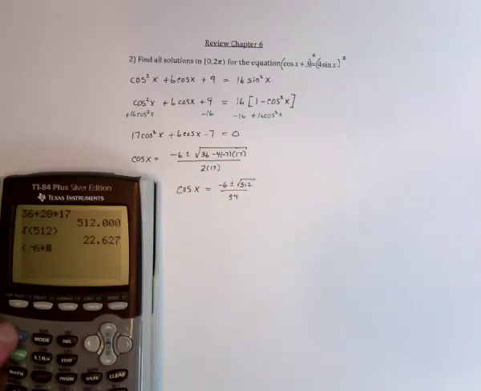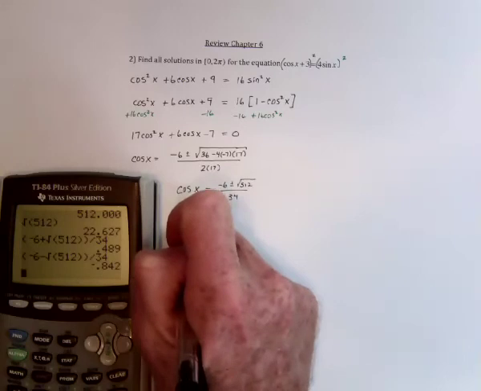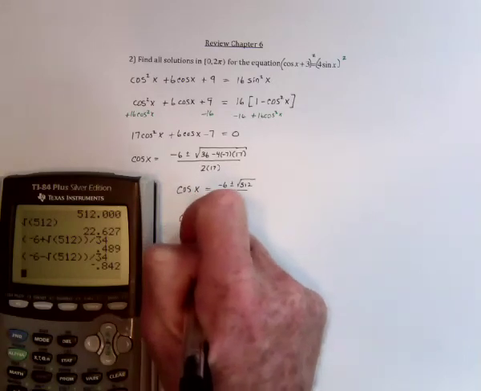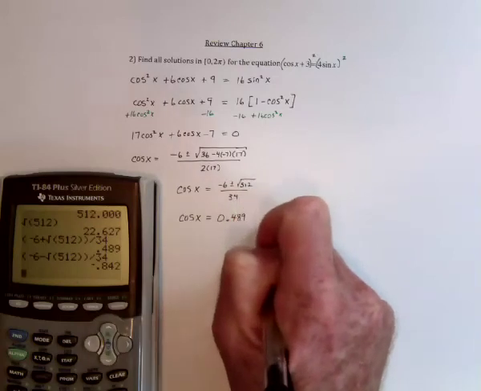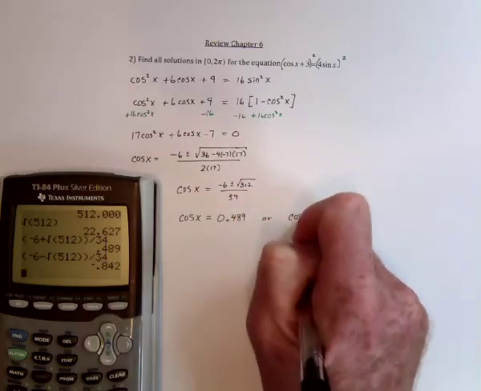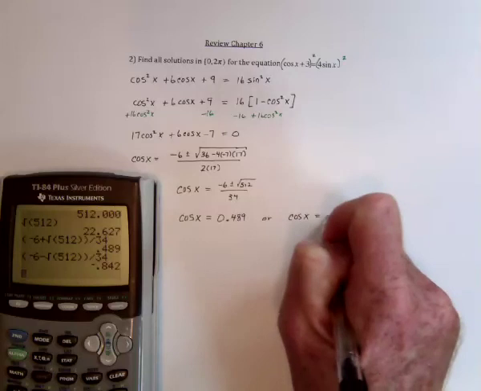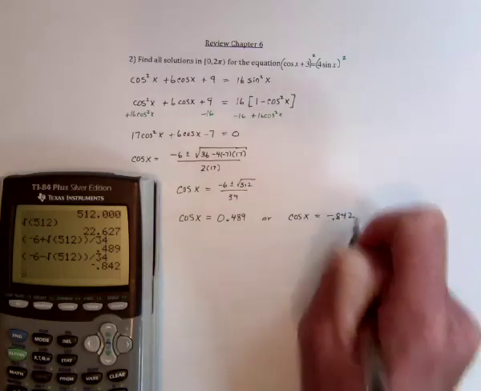Negative 6 plus the square root of 512 divided by 34, and then do the same thing with subtracting. So then we've got cosine of x is equal to 0.489, or cosine of x is equal to negative 0.842.